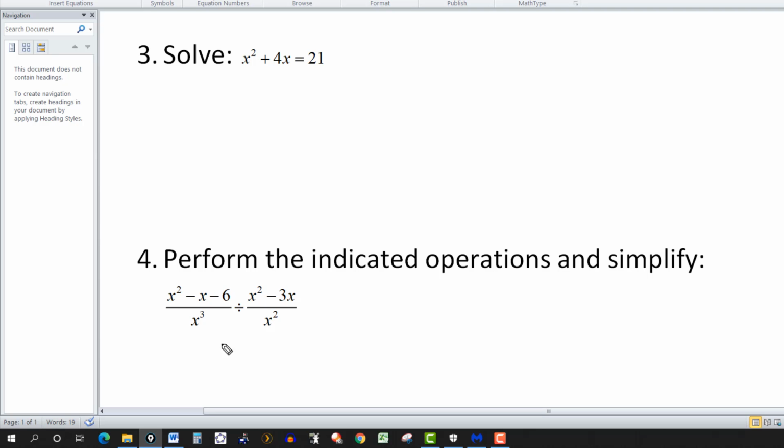So for the first one here, x squared minus x minus 6, using the trial and error method, it's a trinomial, no common factor, so we can factor this out into x minus 3 and x plus 2.